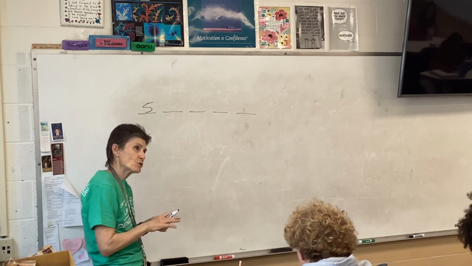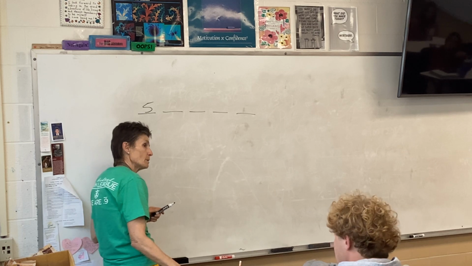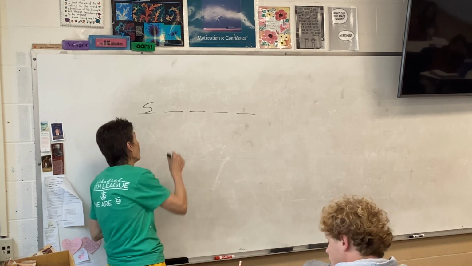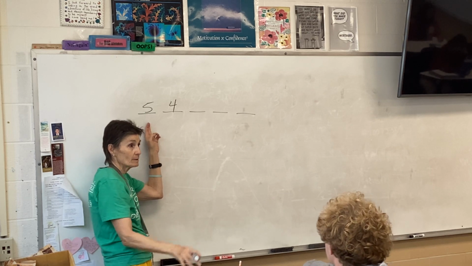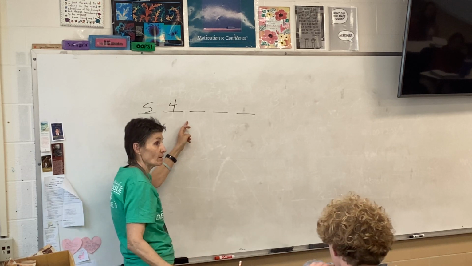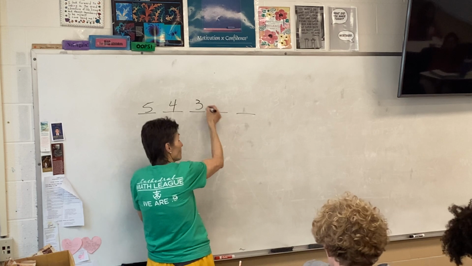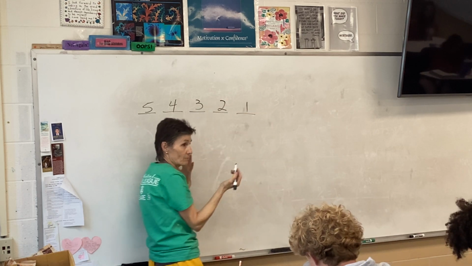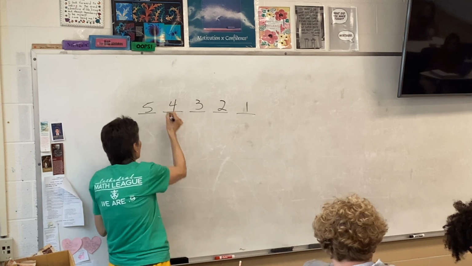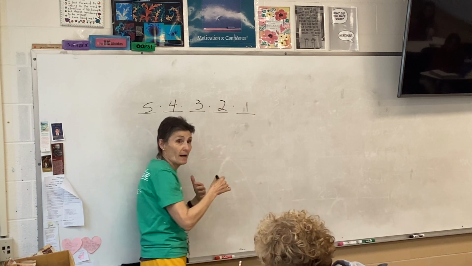How many choices do I have now for the second spot? 4, because I already put a book here. Now, what about here? How many choices for here? 3, then 2, and by the time I get here, there's only 1 book left. And these all get multiplied.